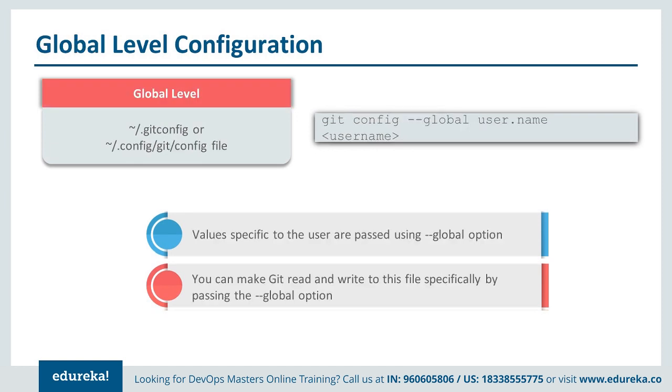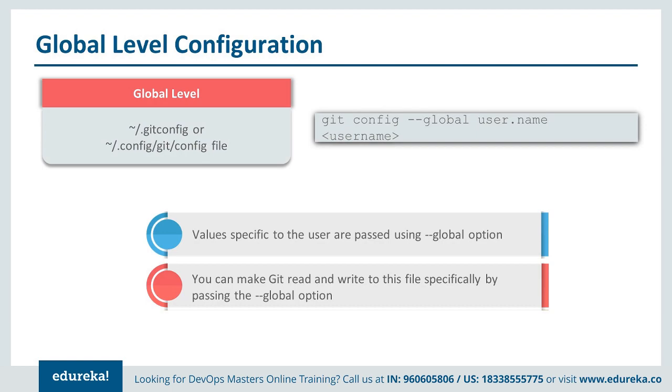While in global level configuration, the configuration will be applicable for a particular user, and all directories that belong to this particular user will be affected by this. So the command for this is git config --global. Instead of system, we just use global and then the username.